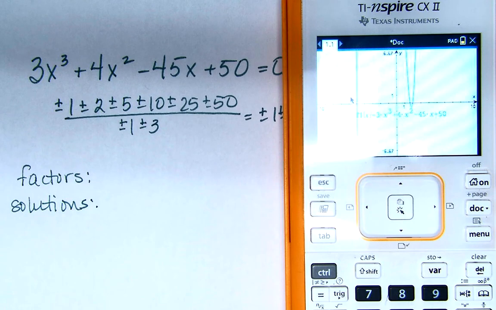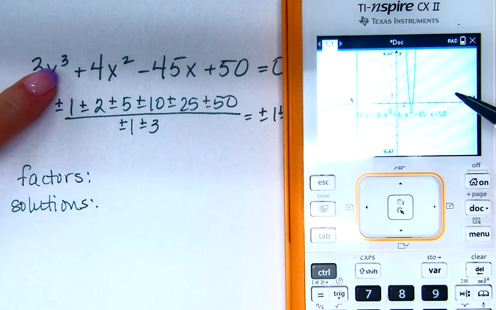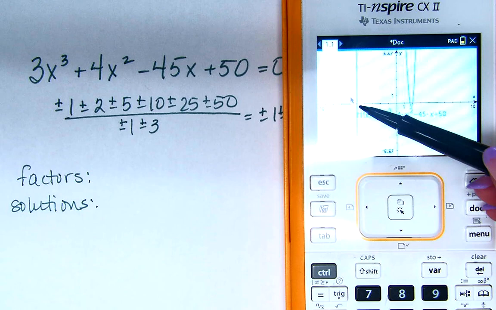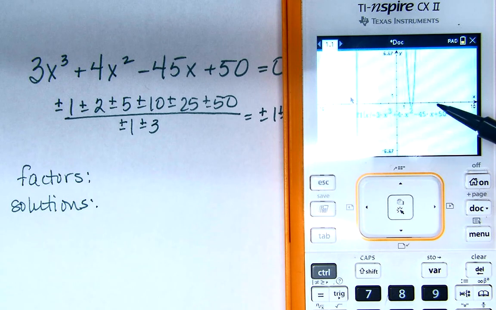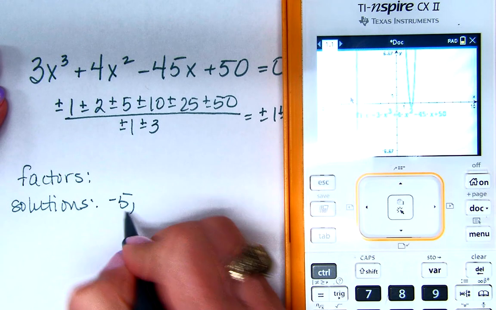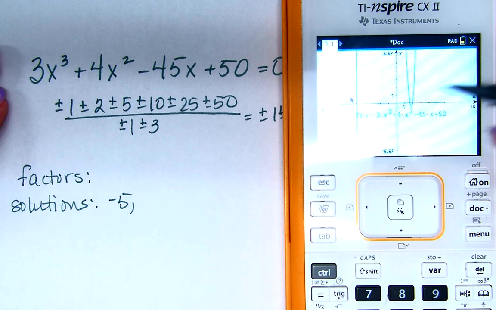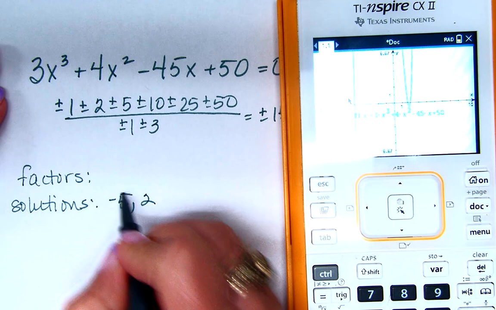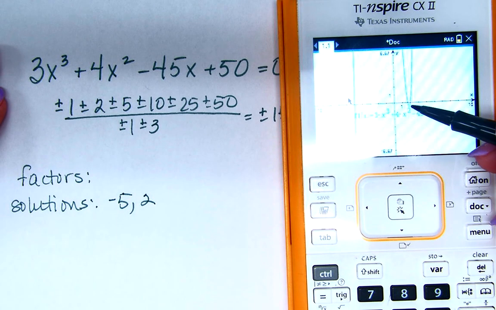Okay, so what are my solutions? How many am I supposed to have? 3. And how many do I have? Kind of 3, right? For sure, -5, and for sure, 2. I cannot assume where that one crosses.